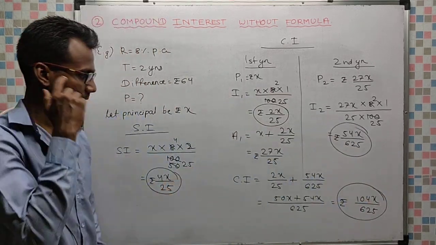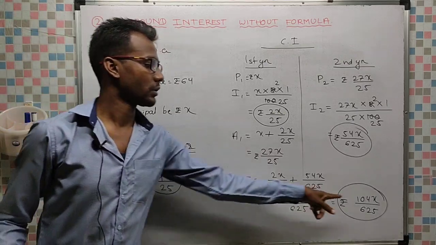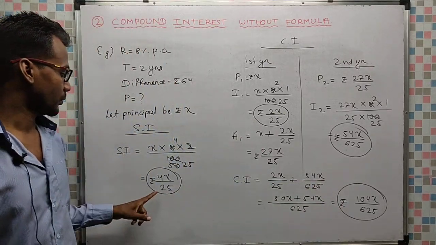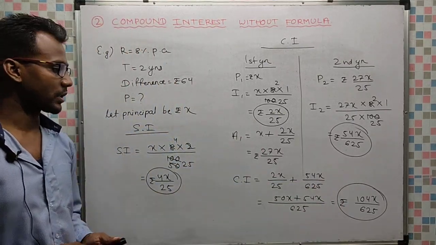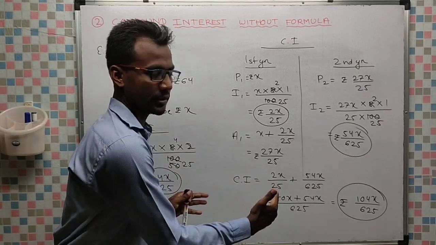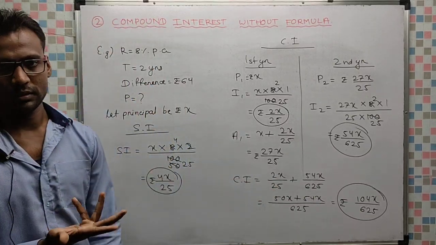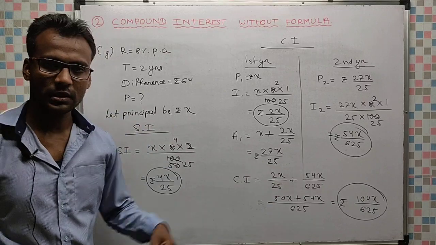We got compound interest for 2 years. Simple interest for 2 years we have already found, 4x by 25. Now the difference is 64. Let us use these values.